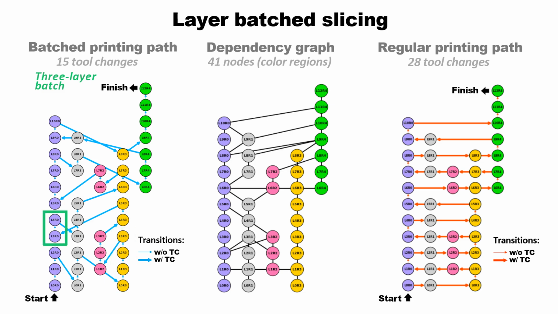When we jump to the region L3R0 later, we only fabricate the purple material up to the region L4R0 because it's not possible to continue fabricating the region L5R0 due to the intersection with the unfinished region L4R1 connected to L5R0. This optimized approach reduces the total number of tool changes to 15. This means that the wipe tower only requires 15 additional slices, almost halving the regular wipe tower size.